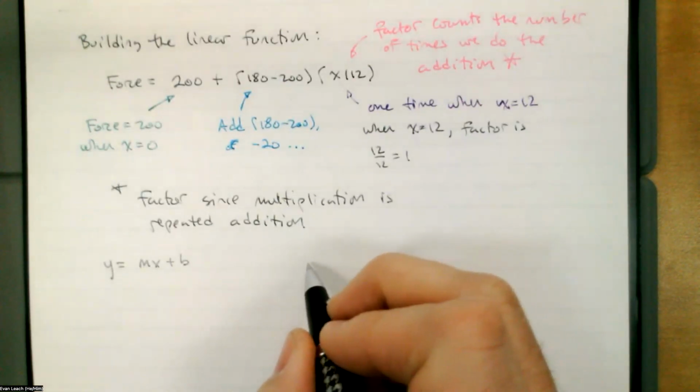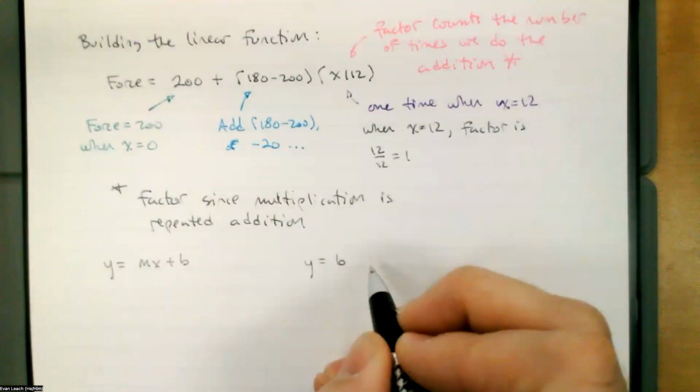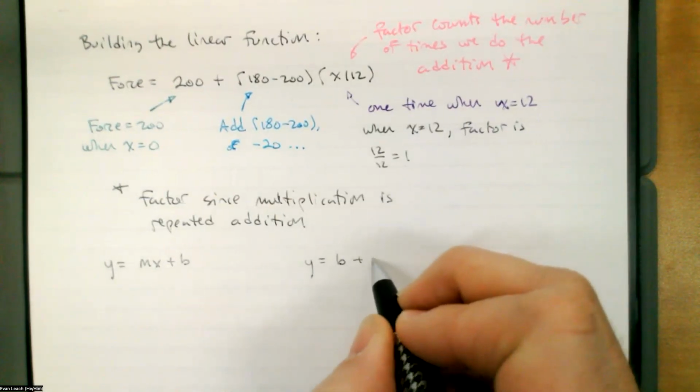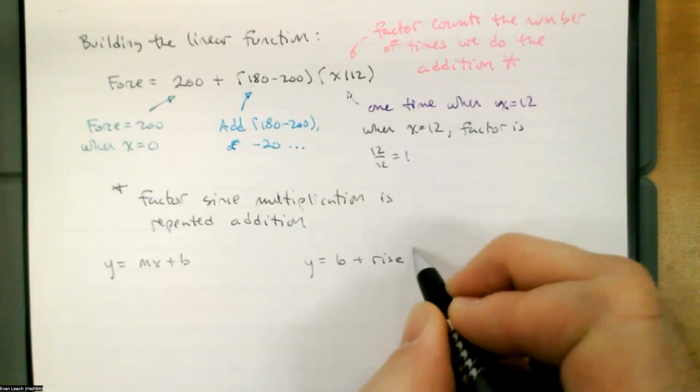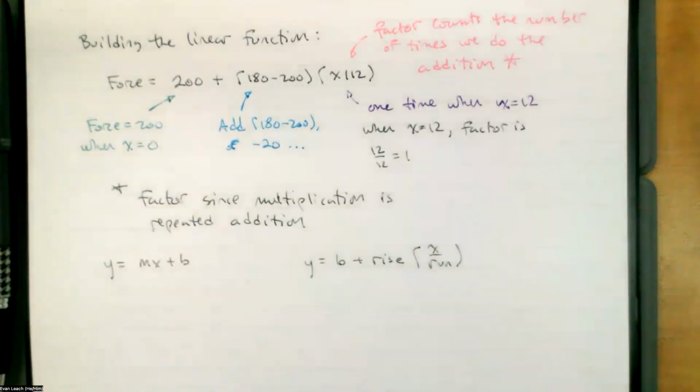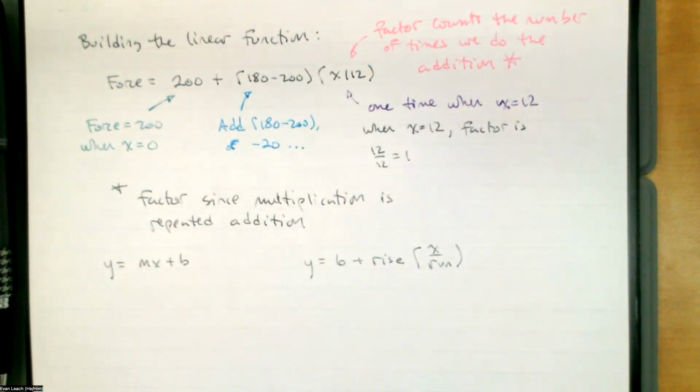A better version, start off at b and add the rise x over run times. Instead of combining the rise and the run into the coefficient and say add the rise over the run x times, we could also think about adding the rise x over run times.